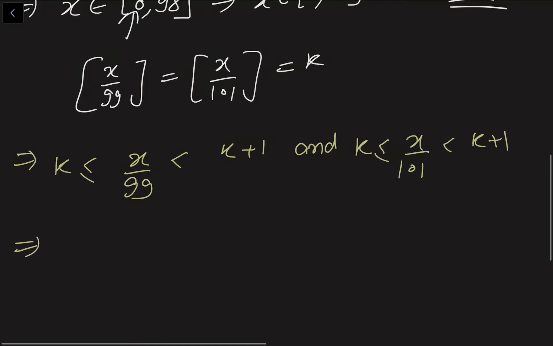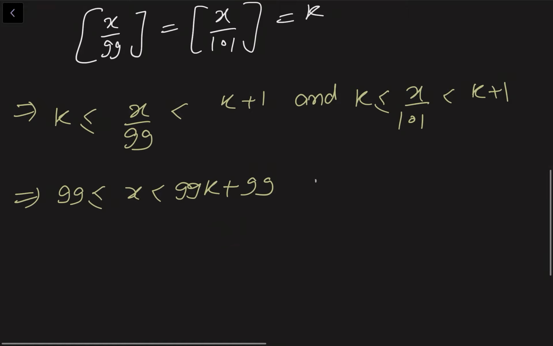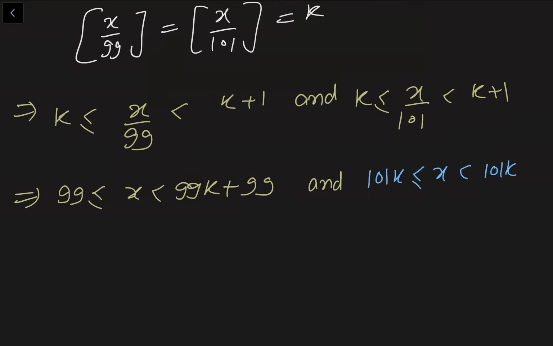Multiplying by 99, I get 99k less than or equal to x less than 99k plus 99, and with 101, 101k less than or equal to x less than 101k plus 101. Now I have to check the common values from these two.